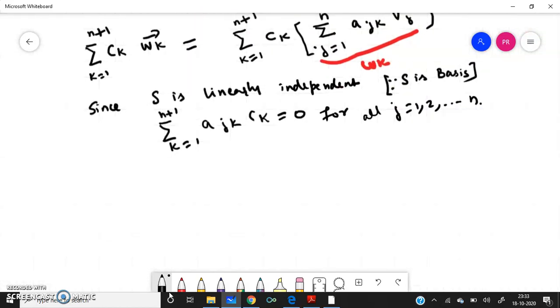So from this what do you get? Very simple. You expand this: A11 C1 plus A12 C2 plus and so on plus A1 n plus 1 Cn plus 1 equal to 0.